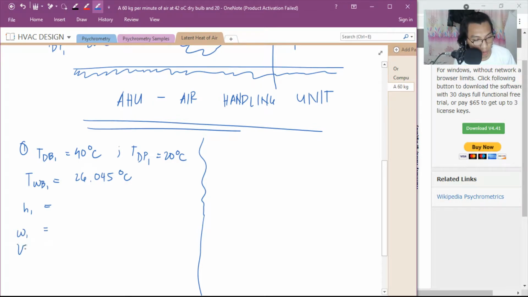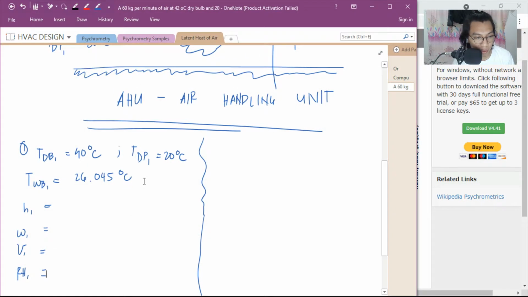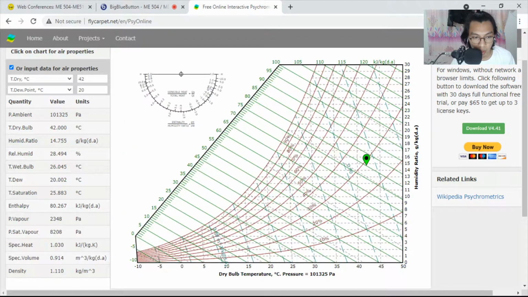How about yung specific volume? How about yung RH? Hanapin na natin lahat siya. Okay? H1 muna. Enthalpy, 80.267 kilojoule per kilogram. Ito na gamitin natin, ha. Yung specific humidity, divide mo lang ng 1,000 to.